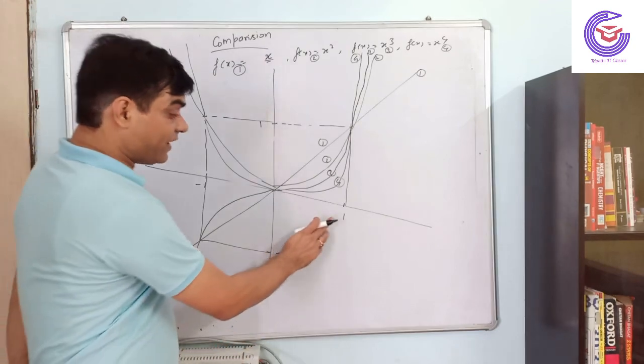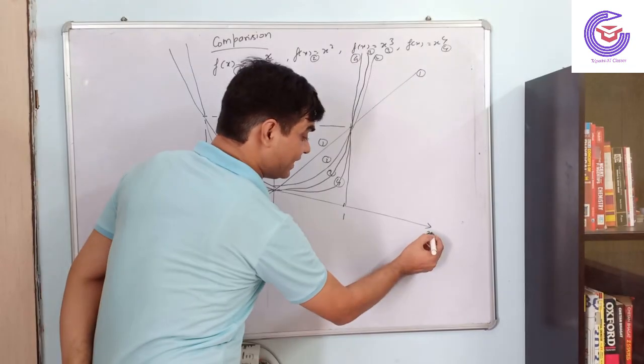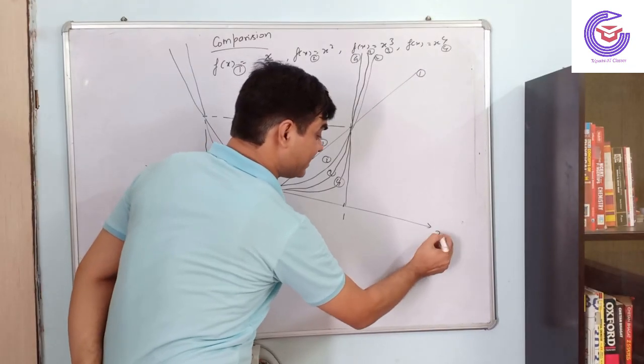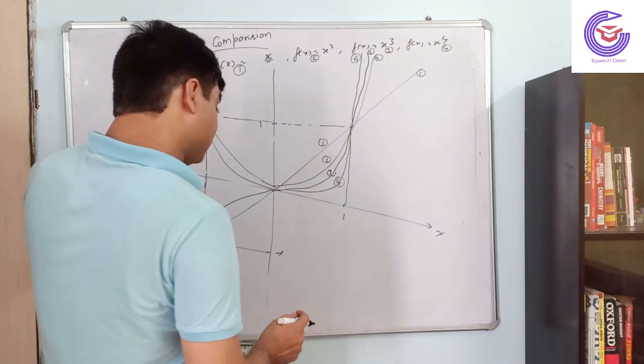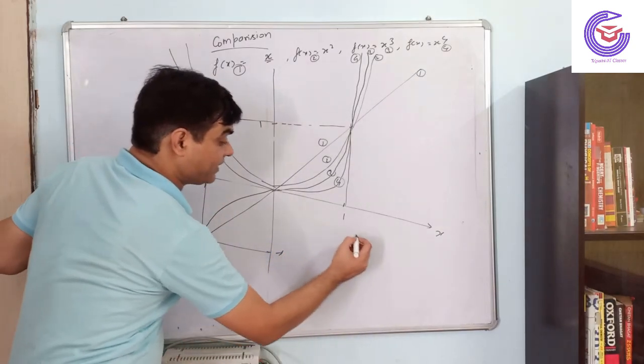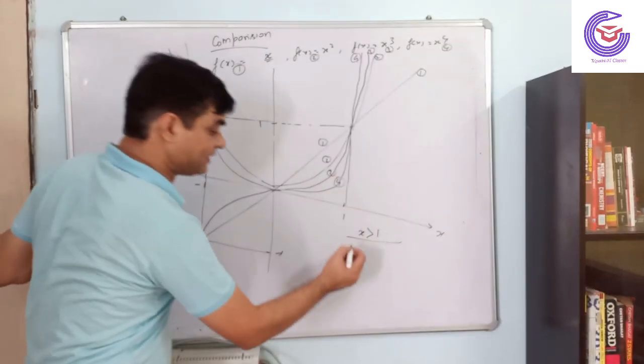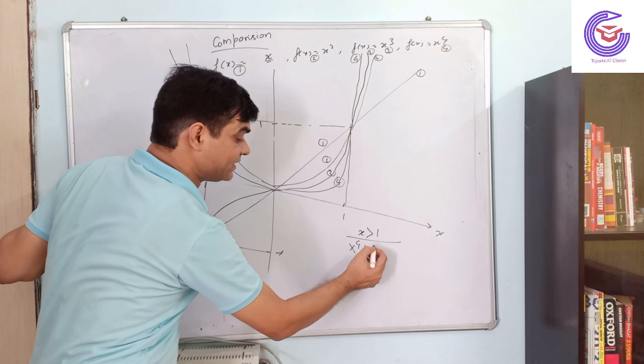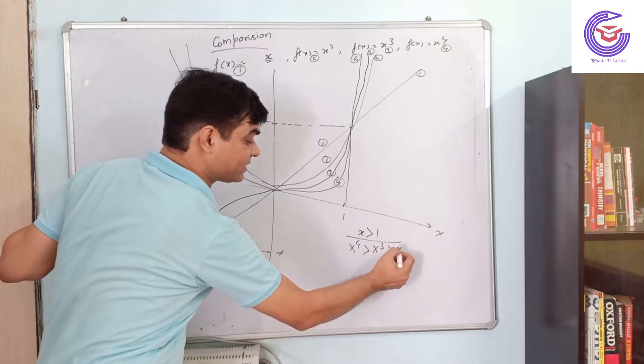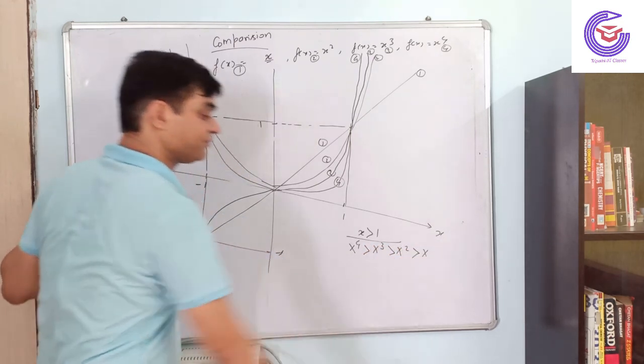So what happens when x is greater than 1? When x is greater than 1, in that case you see x to the power 4 is greater than x cube, greater than x square, greater than x.